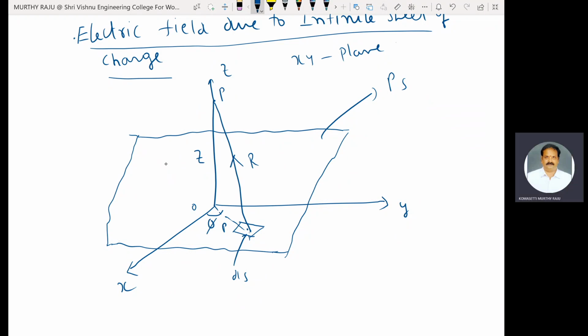Another sheet of charge associated here is the infinite sheet of charge. Here we have to assume two elements, element 1 and element 2.